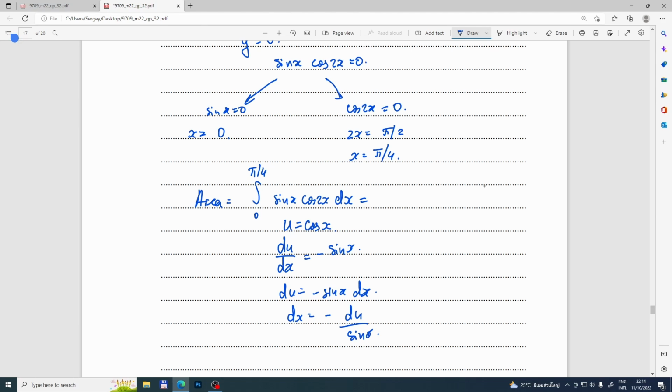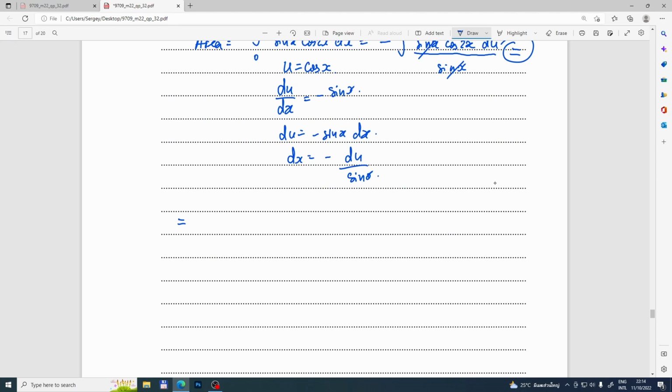And our original integral is going to be equal to sine x cosine 2x. And then instead of dx, we have du over sine x, and don't forget the minus sign. Now, sine x and sine x will cancel out. And I will get the integral of cosine 2x du.